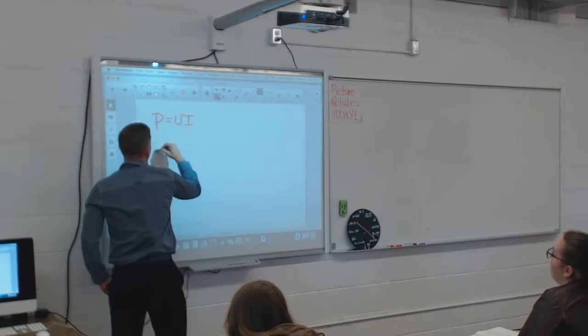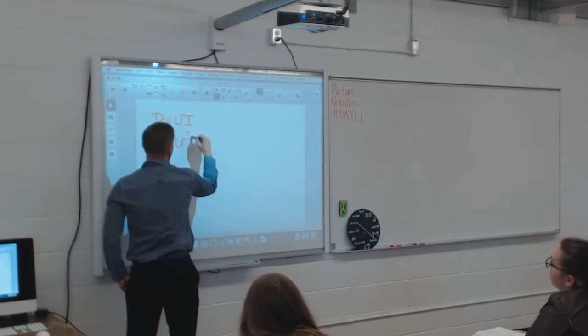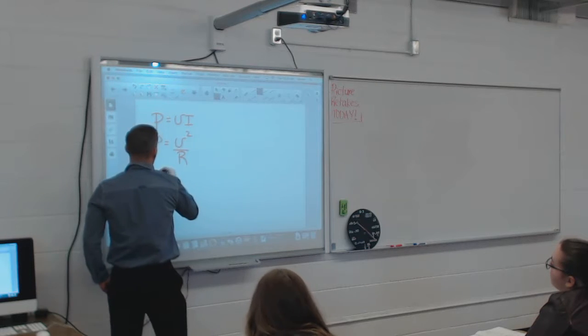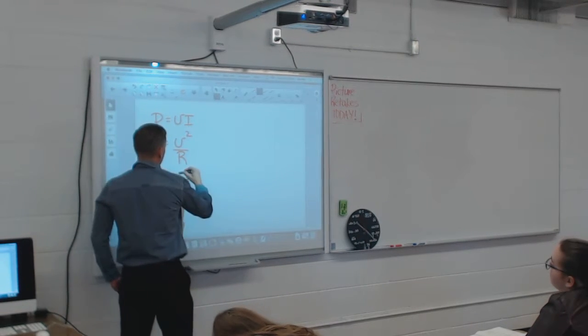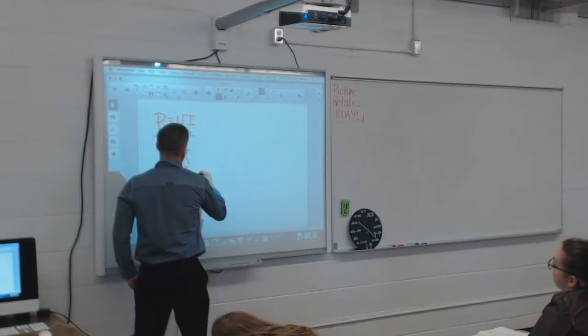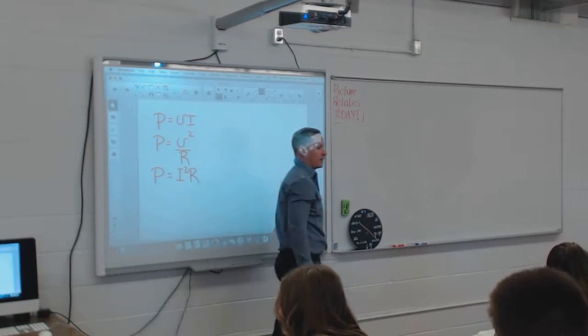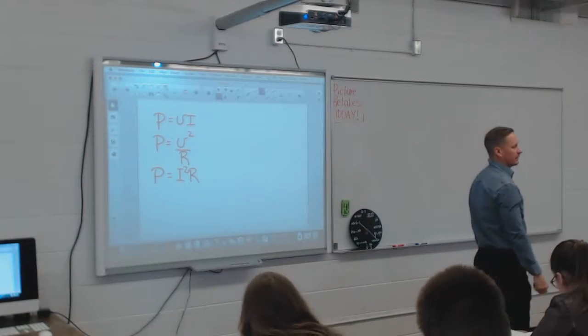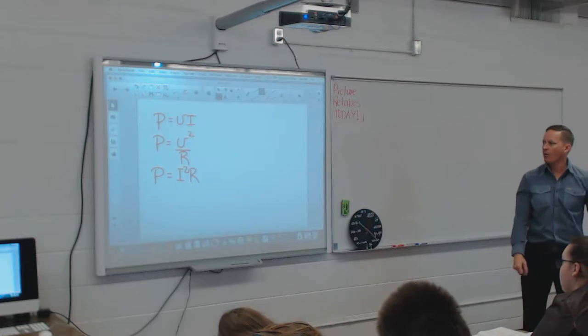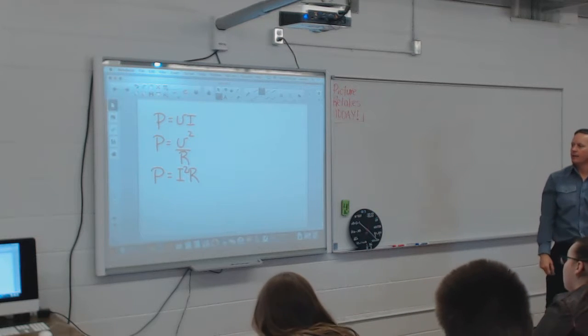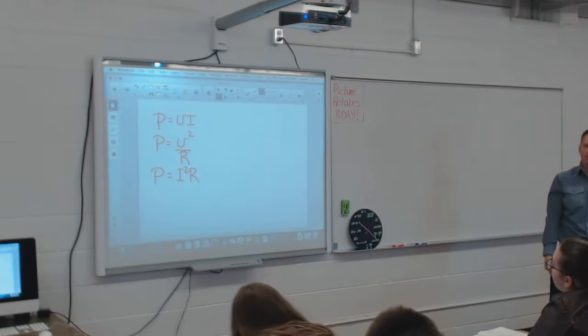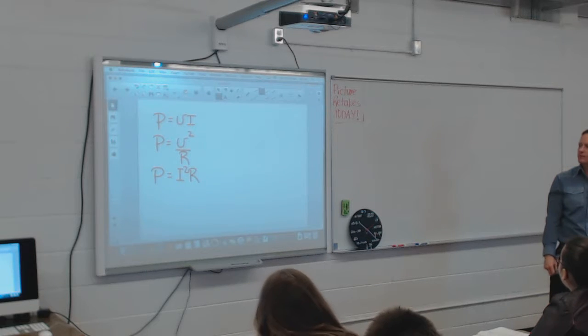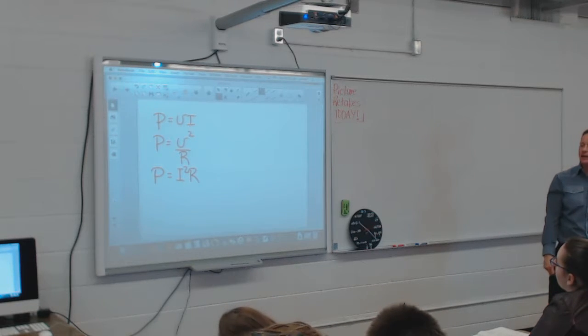Depending on what I've been given in my circuit, I can calculate my power by taking VI. I can calculate power by going V squared over R if I'm given volts and resistance. And power is equal to I squared R if I'm given current and resistance.